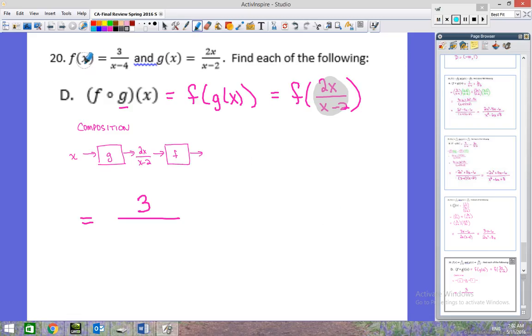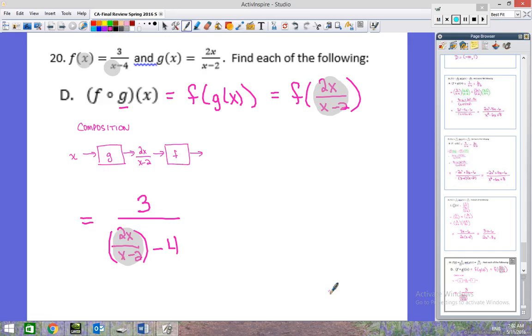So what was between the parentheses appears in the denominator as the first term, and then we subtract 4.